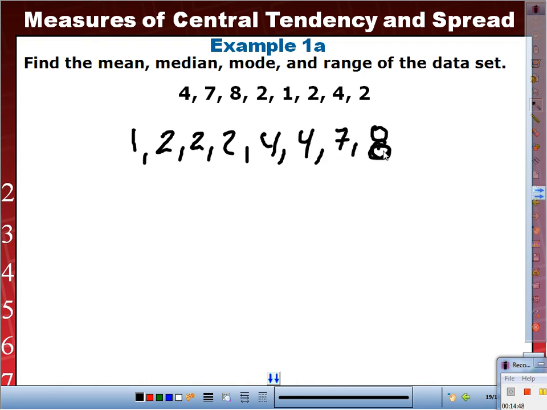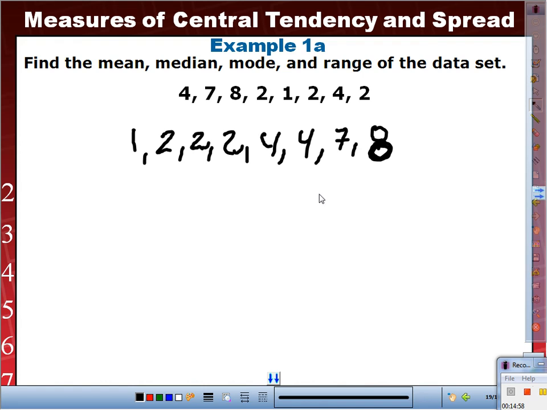Describe to your neighbor what I just did and tell them what you would write for step 1 of your process. All right, let's see. Hunter, go. Write the data from least to greatest. That would be step one of your process.